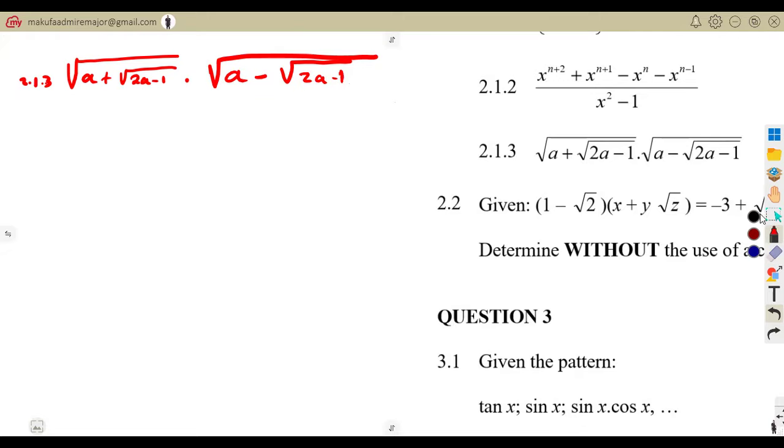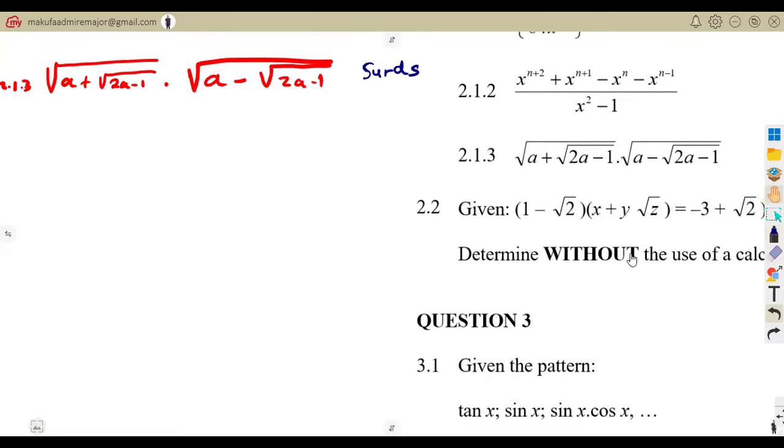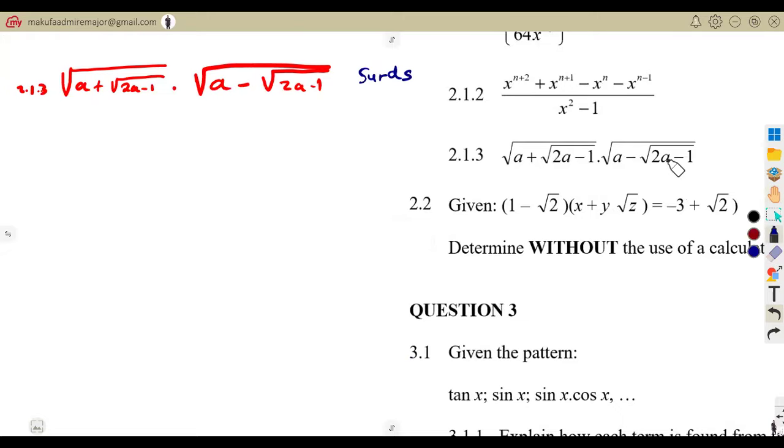All right, so remember when you're dealing with your surds, when we are multiplying surds, our laws allow us to multiply the numbers under the square root. Square root of a times square root of b, remember, I explained that it is the square root of the product of a and b.